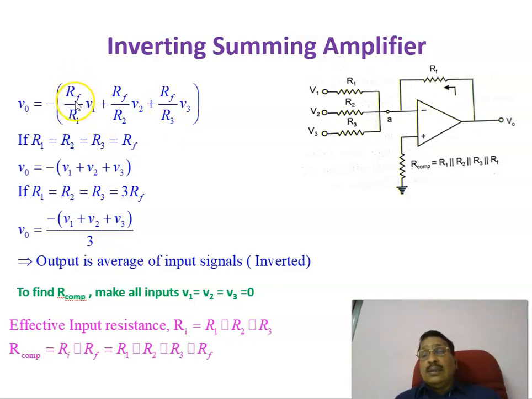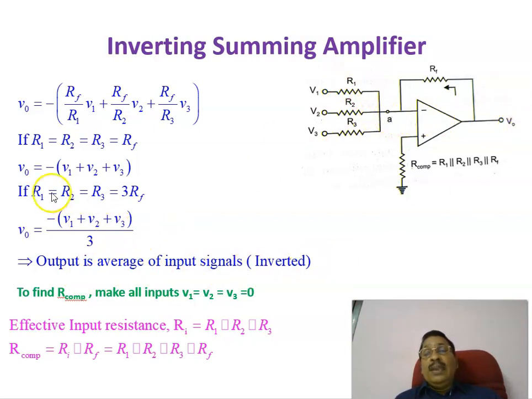Therefore, each weight becomes 1 by 3. So the output voltage is equal to minus of V1 plus V2 plus V3 divided by 3, or we can say that it is the average of the input voltages with an inversion.